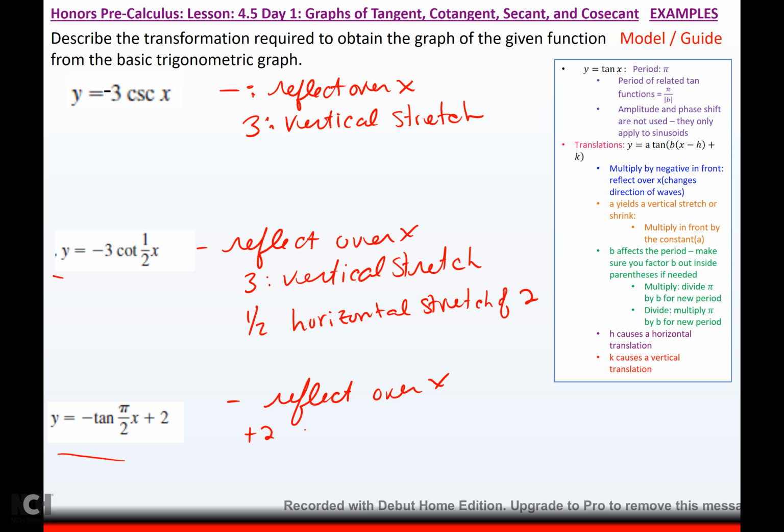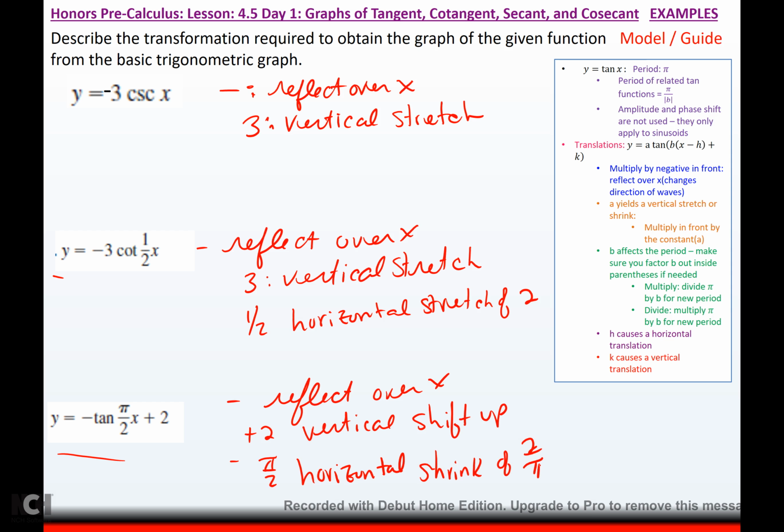That positive 2 on the end is going to be a vertical shift up, and for the pi over 2 touching x, pi divided by 2 is 1.57, so that's bigger than 1, so that's going to make it a horizontal shrink of 2 over pi.